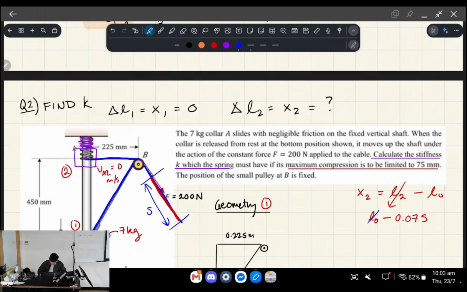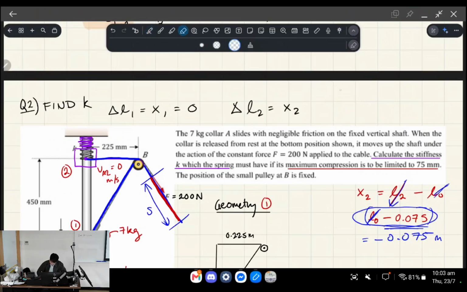And you can cancel these out and you basically get x2 is negative 0.75. So this whole term gets replaced by this, and then you can cancel out L0, and you're just left with this term. Except that's probably a more confusing way to think about it, in my opinion.